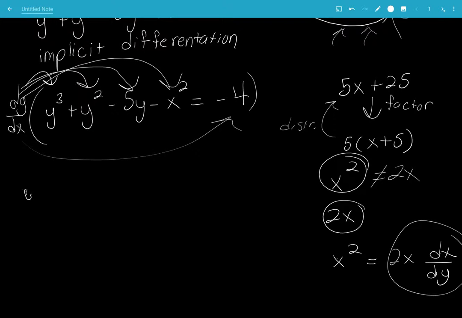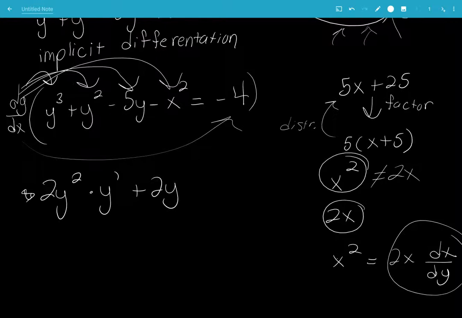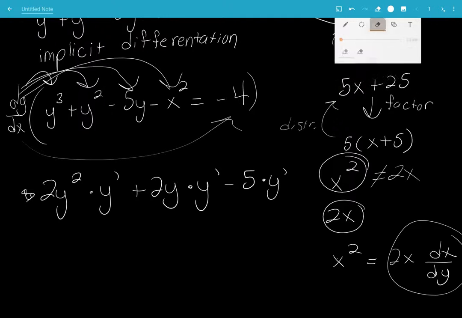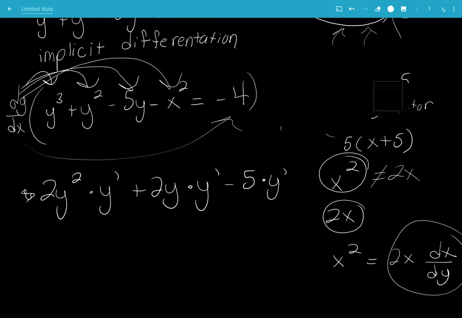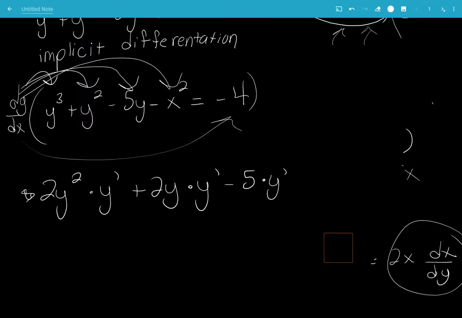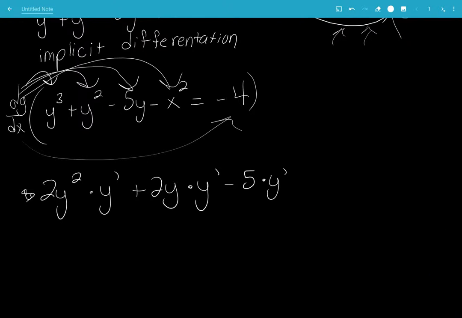So this will be 3y squared, I'll just say y prime, plus 2y, again, I'll multiply by y prime, minus 5 times y prime. And then, let's get rid of this junk. Okay. That's 5y minus 2x equals 0.